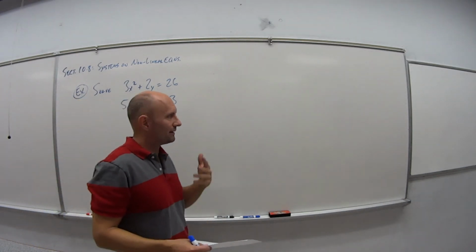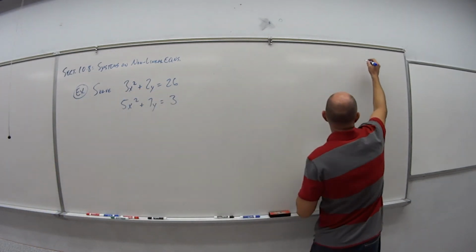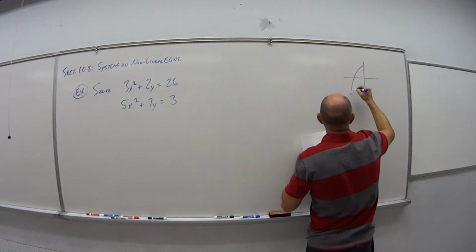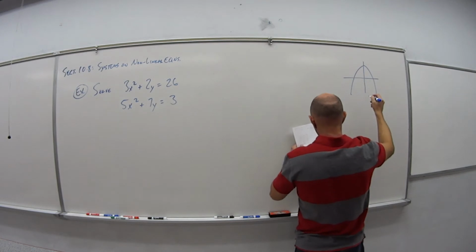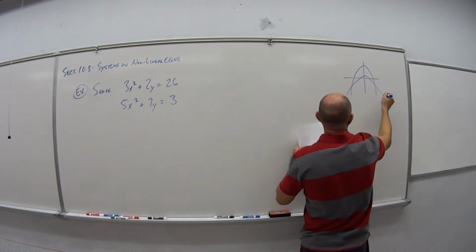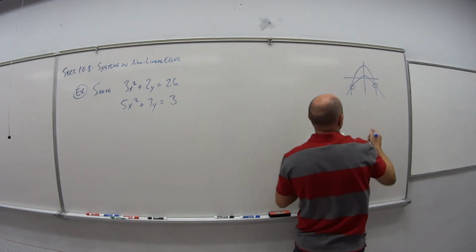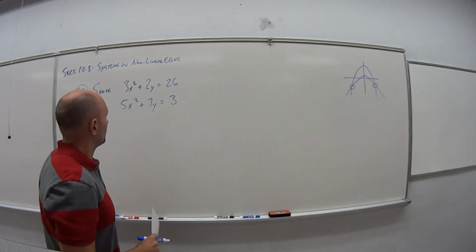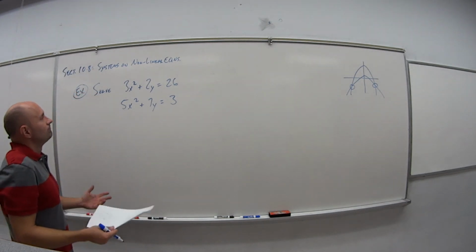So those are two parabolas. I have one parabola that looks like that, another parabola that looks like that, and what I'm trying to do is figure out what these 2 points are where they intersect.